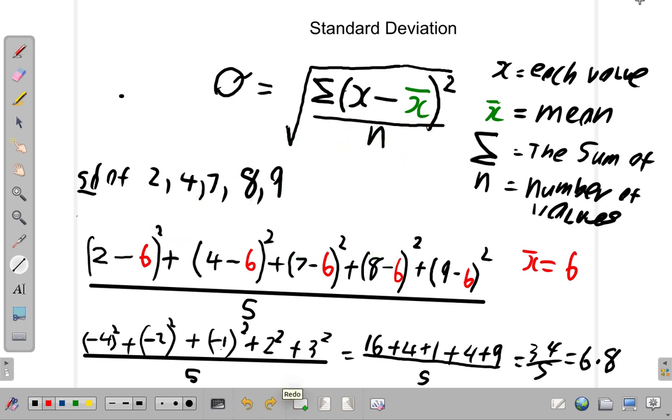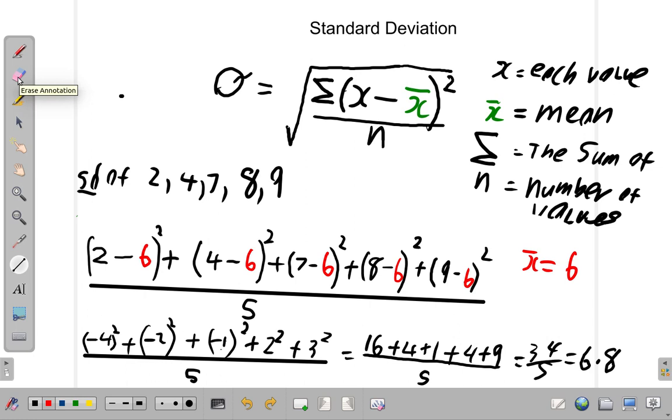Then we have the square of each. When we subtract, we get this, and we square. So when we square the 4, you get 16. And we square the 2, we get 4. Square the negative 1, we get 1, and so on and so forth. Alright? So that's what happened here. And then we add these all up and divide by 5. That is the variance. But we finally want to get the standard deviation.